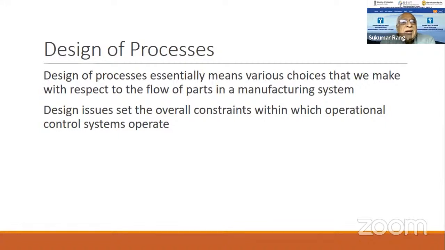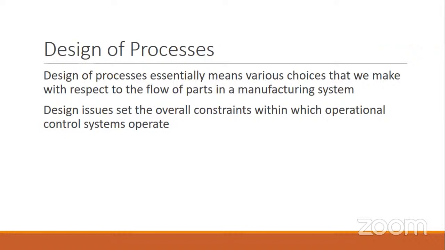Well, when I say design issues, in a process industry you could have a fully automated process, a semi-automated process, or a fully manual process, depending upon what you want to do. Take even something like detergent manufacturing. It is a fully automated process when it comes to Surf and other big players.